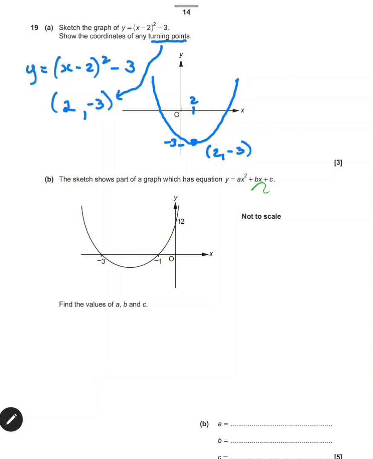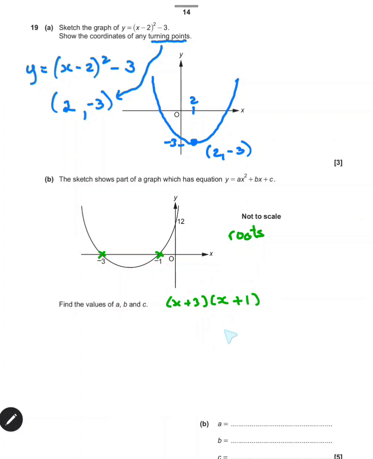Part B, we've got another quadratic that's been sketched. And what we've got here is 2 special points on the curve called the roots of the equation. And what we can do is put these into a set of double brackets. So we're going to have x and x. We're going to actually reverse the signs of these and get +3 and +1.